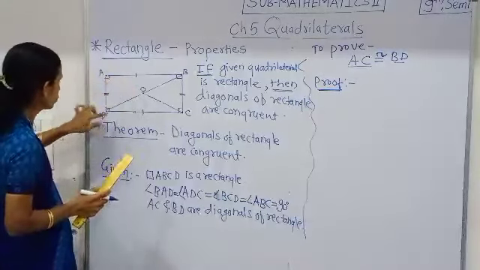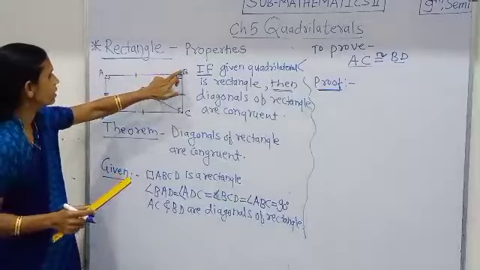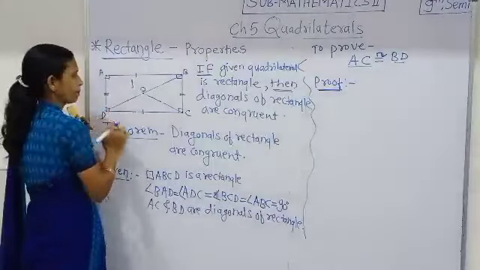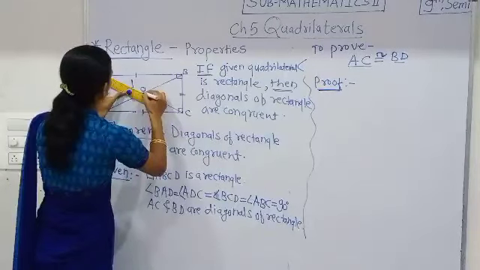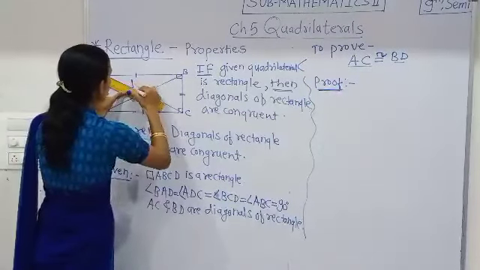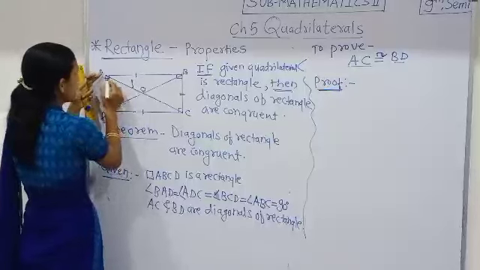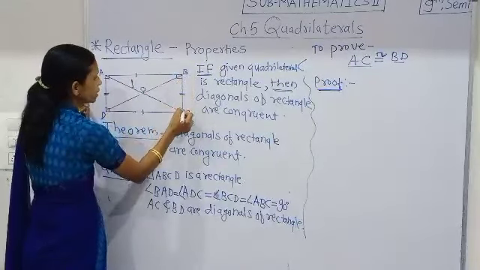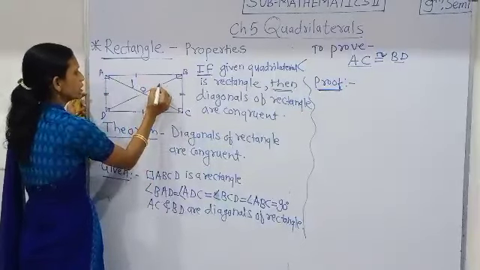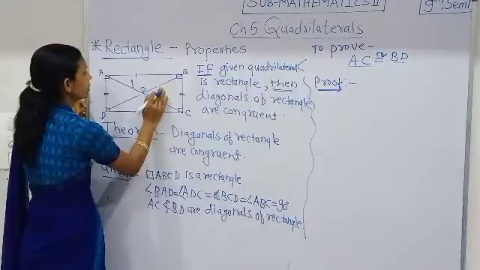Now focus here on the triangle, that is triangle BAD. Now we have to focus on the triangle which is formed due to AC, that is, see here, triangle ABC. That is the second triangle.